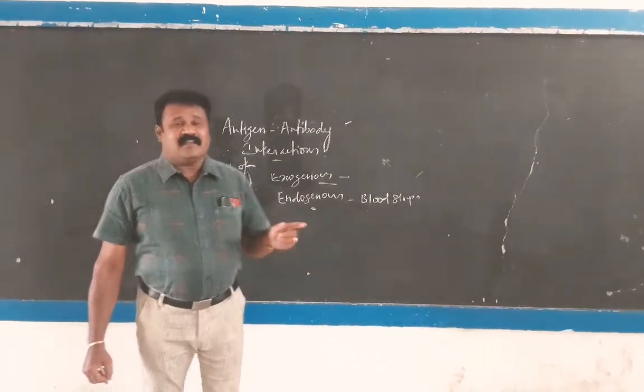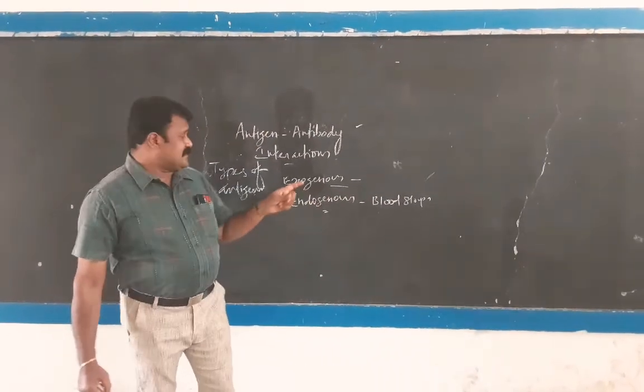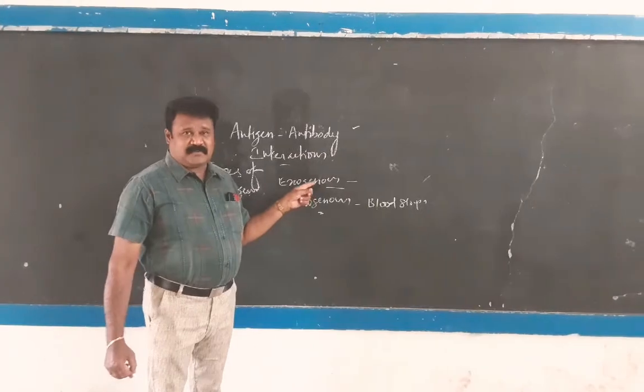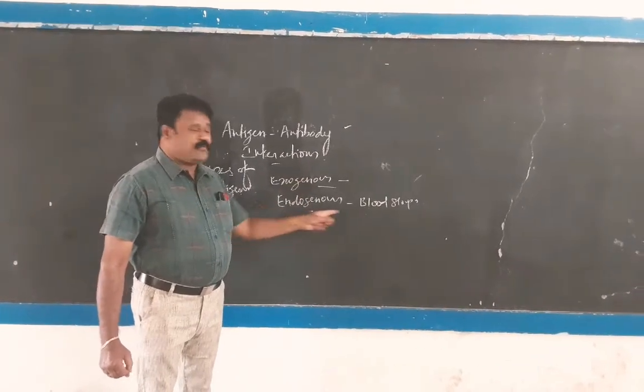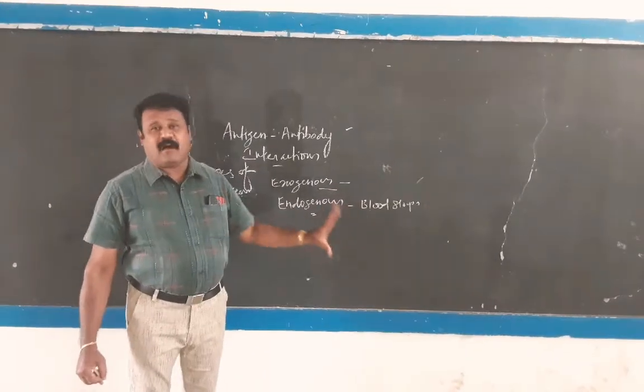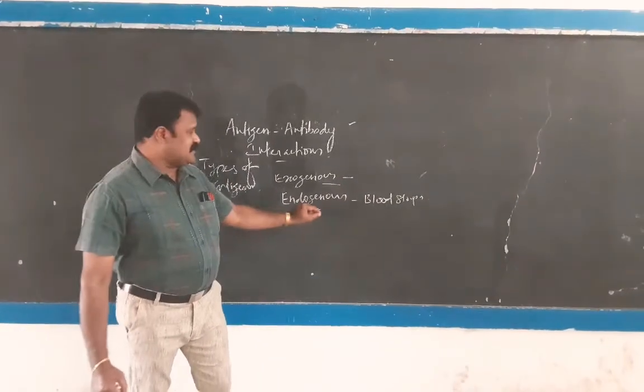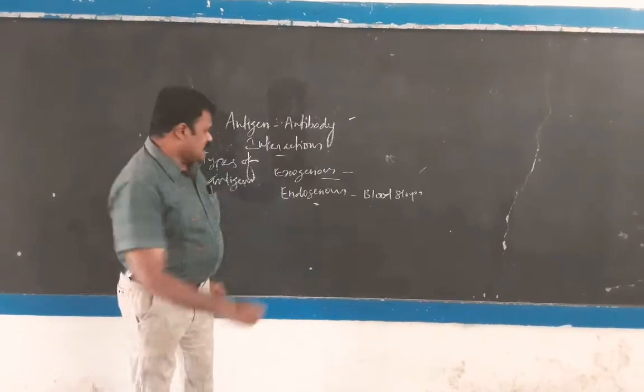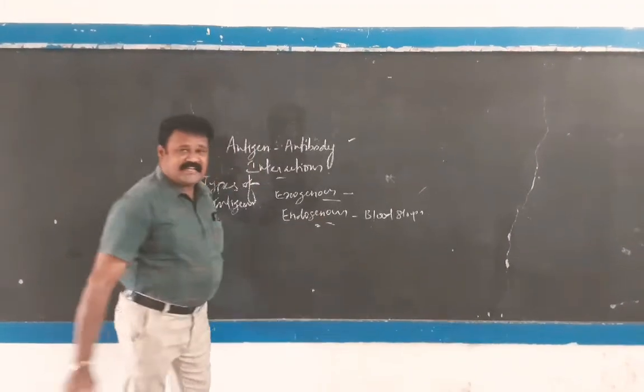So don't think that antigens always cause disease to the body, no sir. Blood group antigens never harm the body, never cause disease to the own body. That's why they are called endogenous antigens.